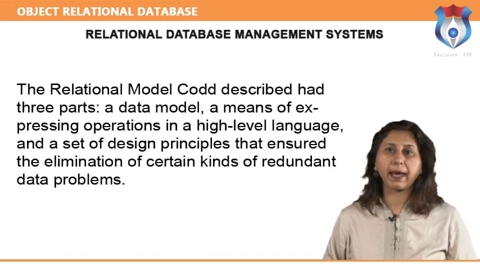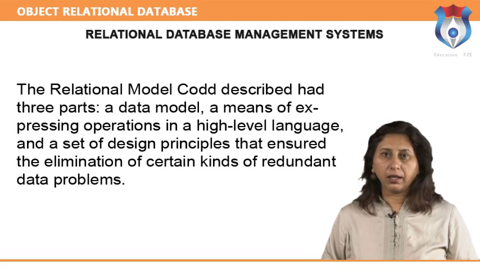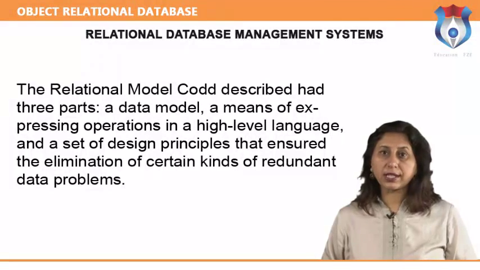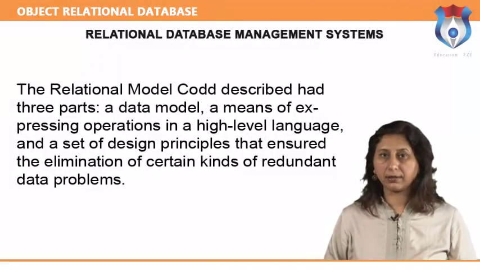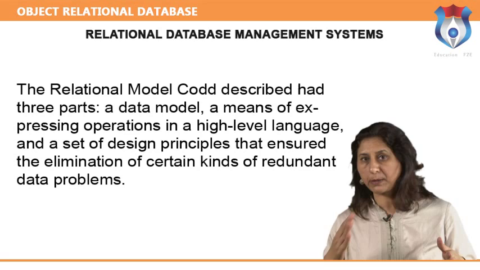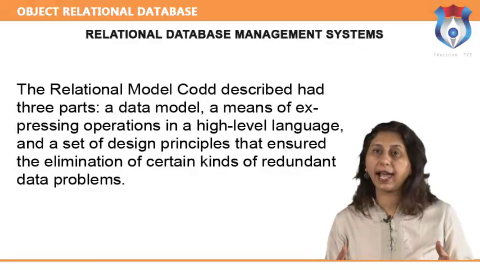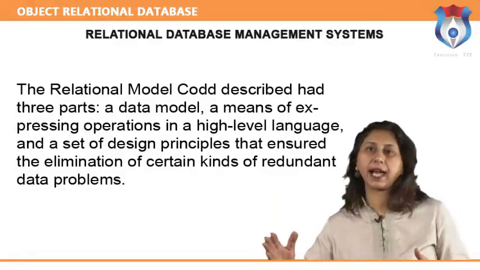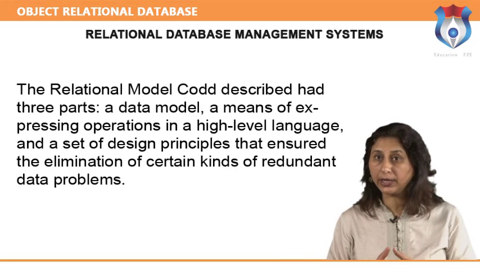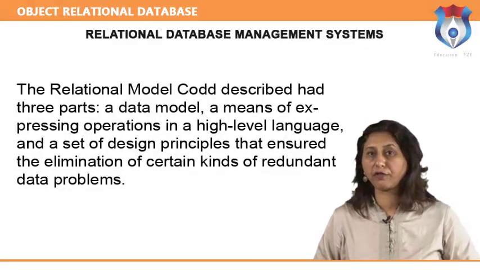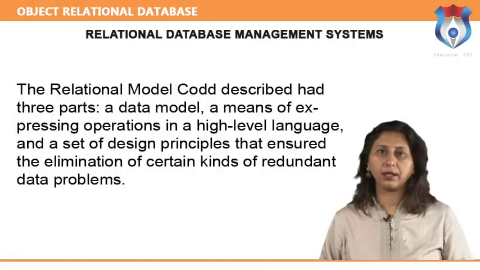Relational database management systems. The relational model Codd described had three parts: a data model, a means of expressing operations in a high-level language, and a set of design principles that ensured the elimination of certain kinds of redundant data problems.